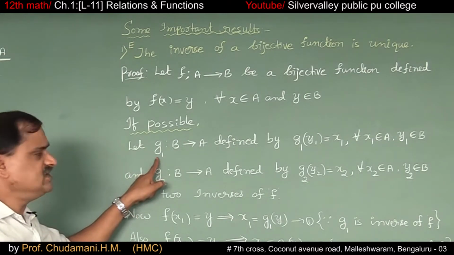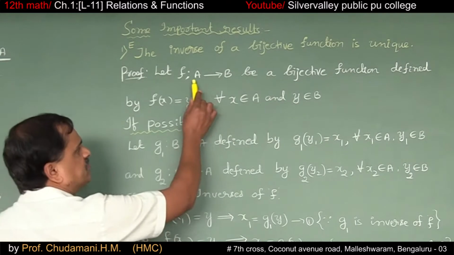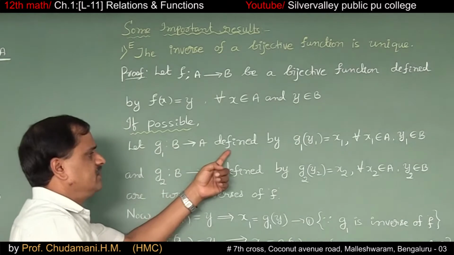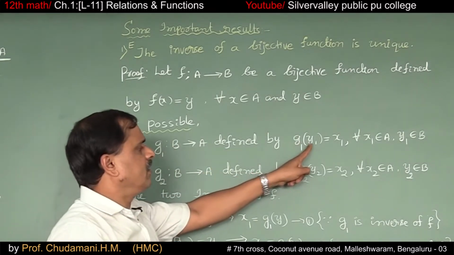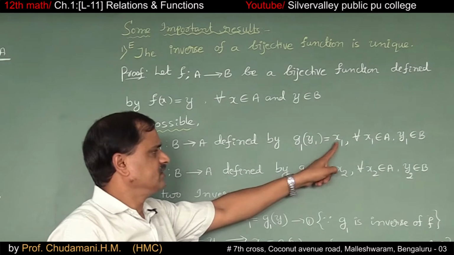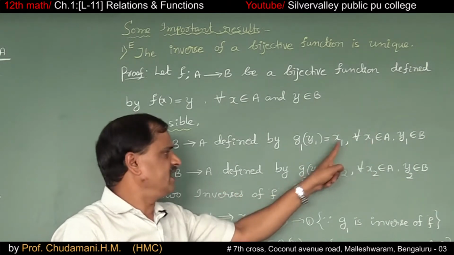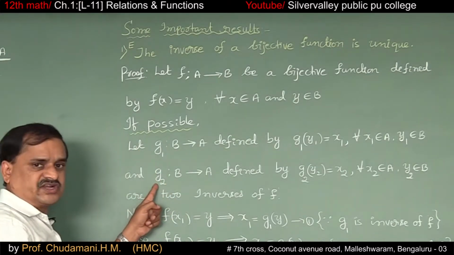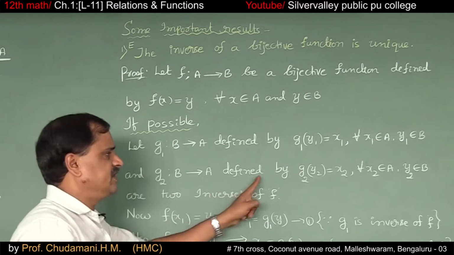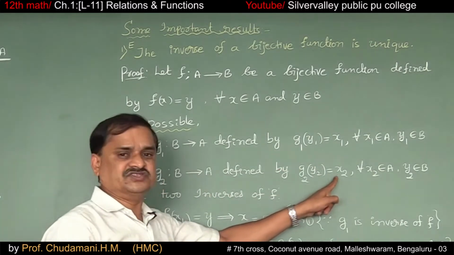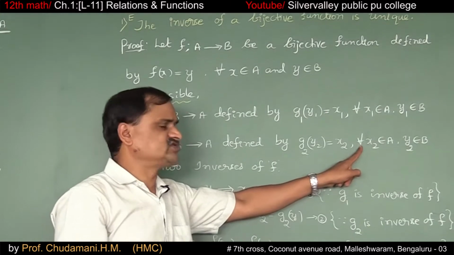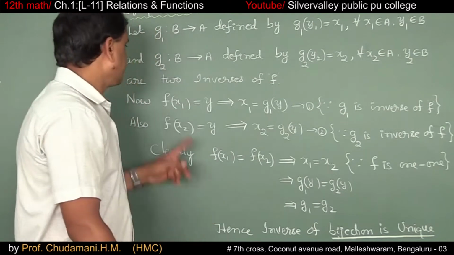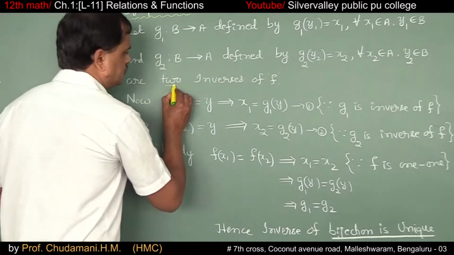That is g1 from B to A, defined by g1 of y1 is equal to x1 for all x1 belonging to set A and y1 belonging to set B. Another inverse of f, g2, let us say, from B to A defined by g2 of y2 is equal to x2 for all x2 belonging to the domain A and y2 belonging to codomain B, are two inverses of f.